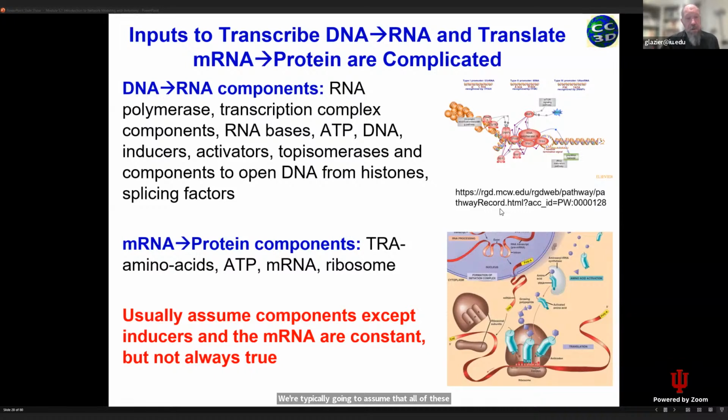That is, we're going to assume our car has enough gasoline and oil in it. But in many diseases and in some even healthy states, you're going to have limitations because of components not being present. If your car runs out of gas, it doesn't run, even if the engine is well designed. And so we have to think about that sometimes, just to be aware of that.